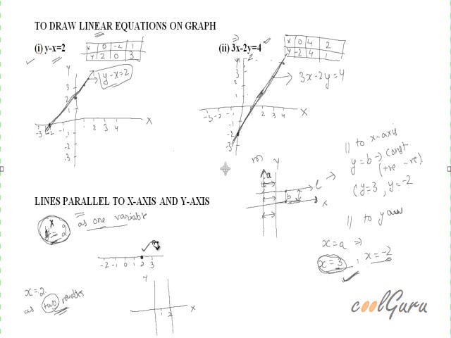In the one-variable case, it was simply a point on the number line, whereas here it represents a line parallel to the y-axis. So this is how we represent an equation in one variable or two variables: one variable on a simple number line, where it represents a point, whereas two variables on a coordinate plane with x and y-axis, where it represents a line.